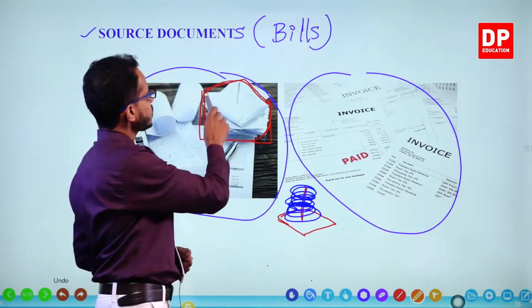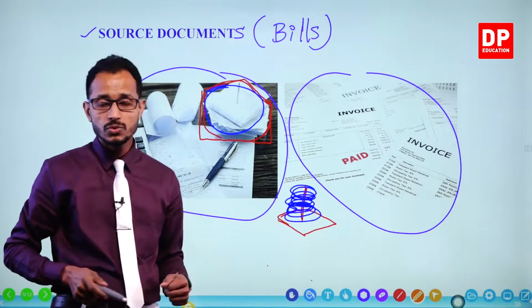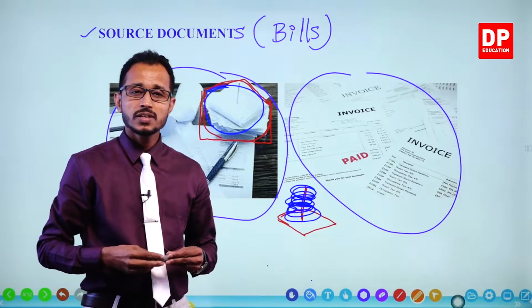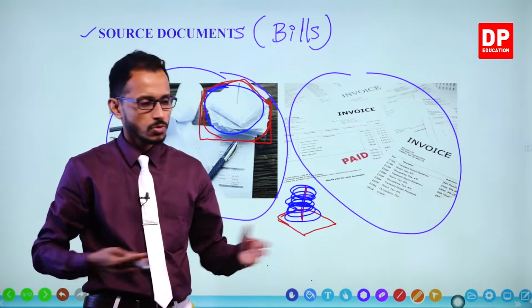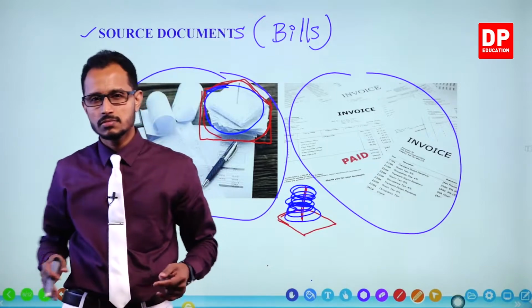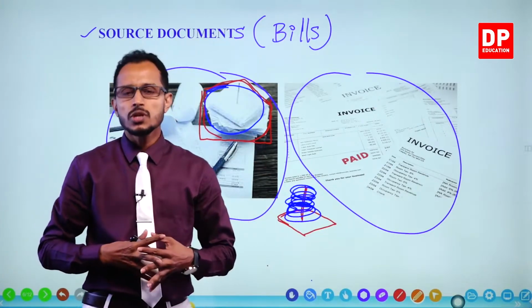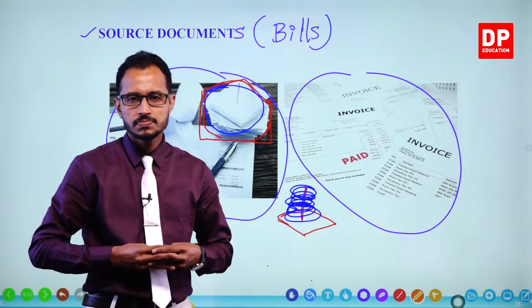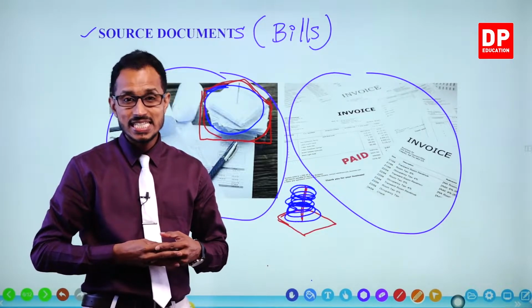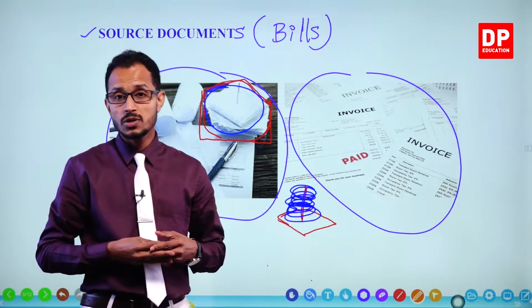This is something used to collect the bills. Most roadside shops, small retail shops and even wholesale shops use this type of tool to collect the bills. So we are going to learn about these so-called bills.